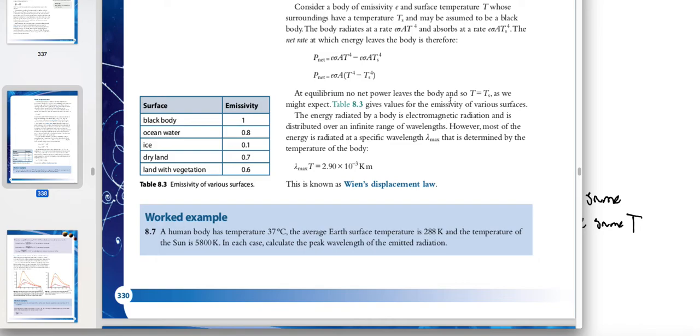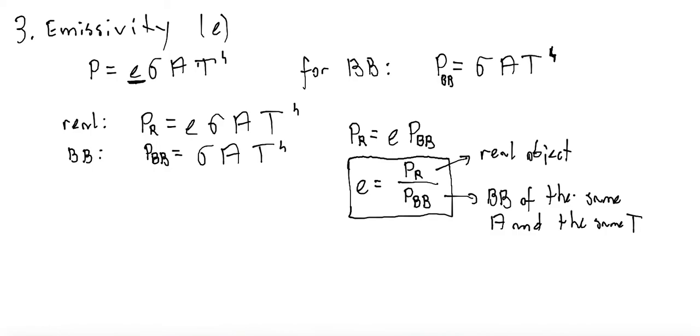Right, point number 4, next one, Wien's displacement law. Okay, so Wien's displacement law is about frequency or wavelength of emitted radiation.